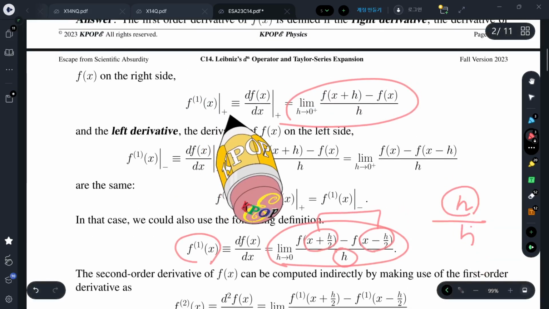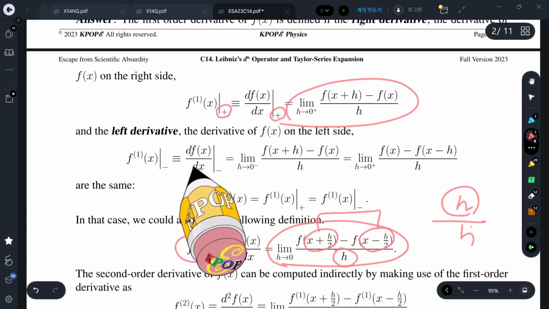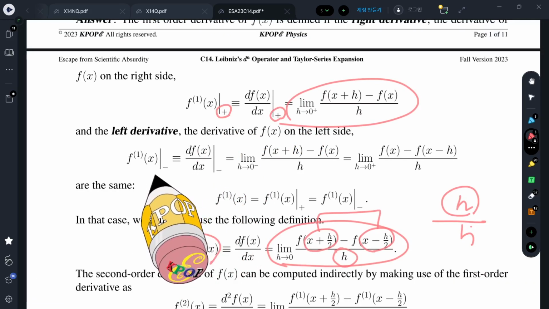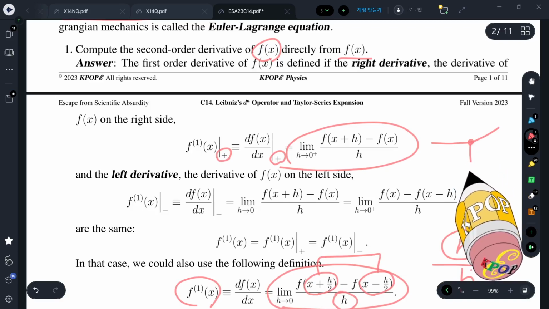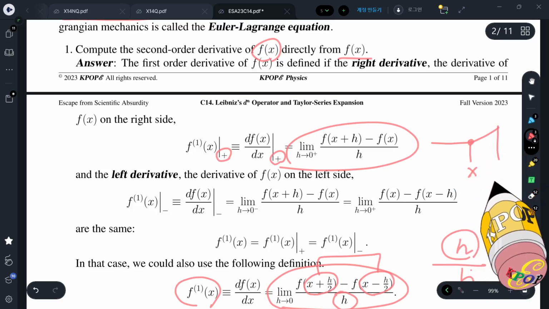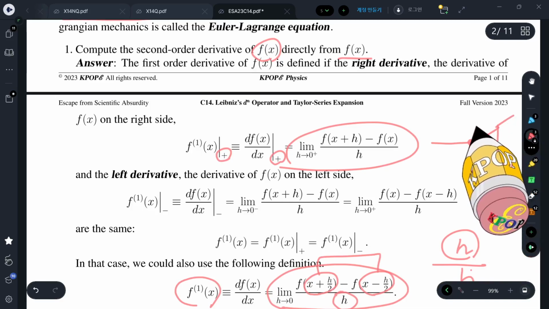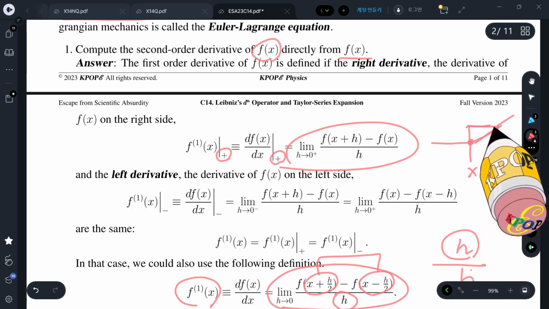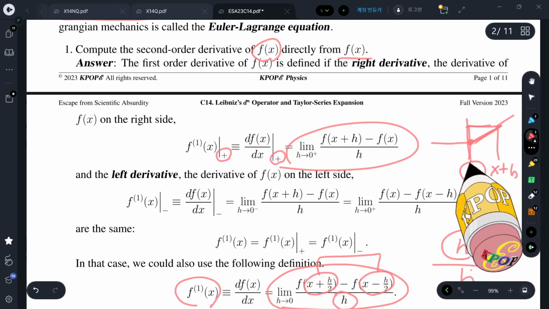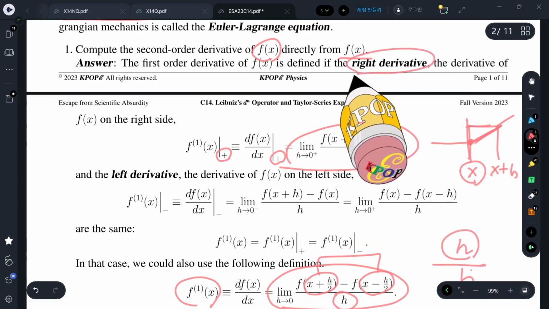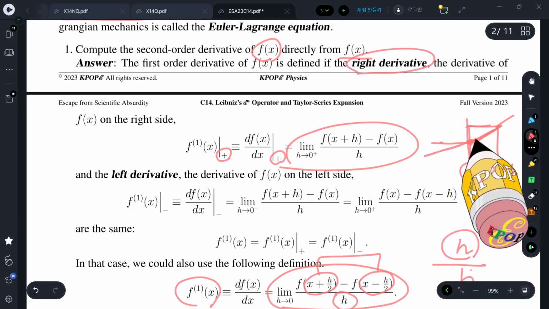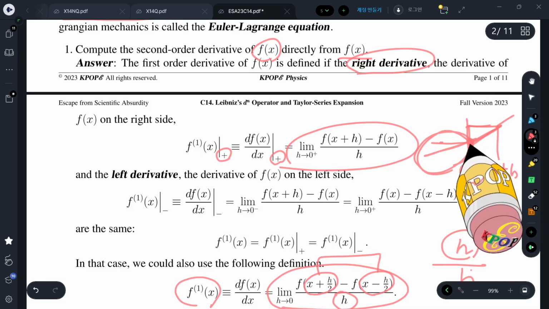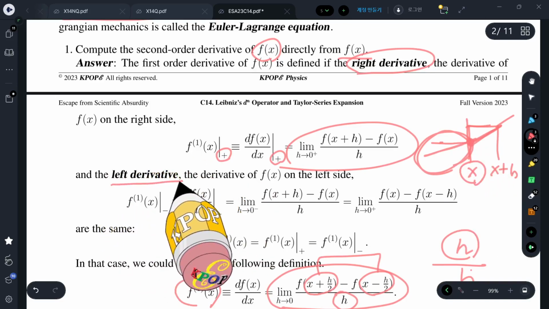There is some special notation for whether it is a left derivative or right derivative. The right derivative is evaluated from a central point, moving to the right-hand side. So the slope on the right side of a point is called the right derivative, and the slope on the left side of a fixed point is called the left derivative.